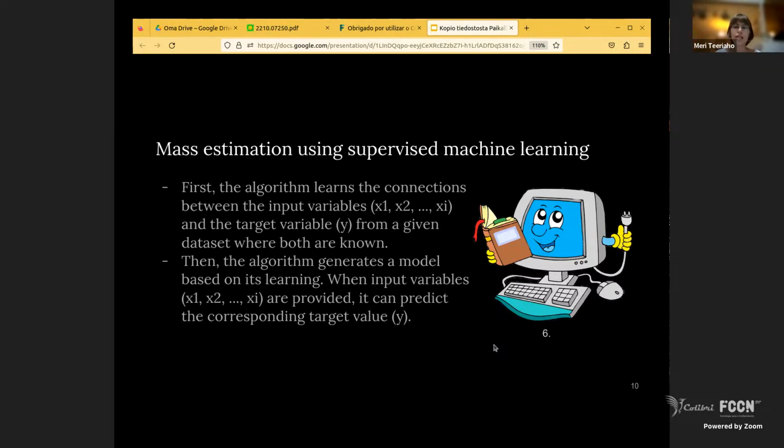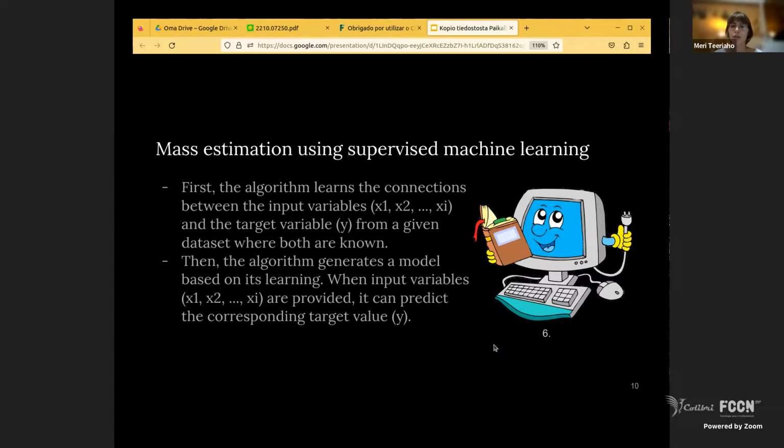So in our case, the input variables are the kinematics, and the target variable is the local group mass. So the mass of the Milky Way plus the mass of the Andromeda. And then the algorithm generates a model based on its learning. So now when we put the input variables in the model, it will predict a target value for us.